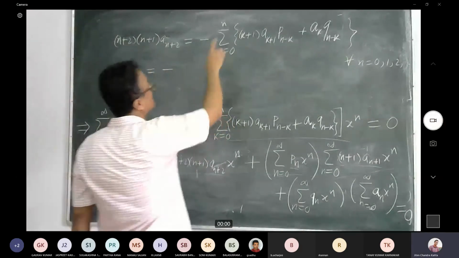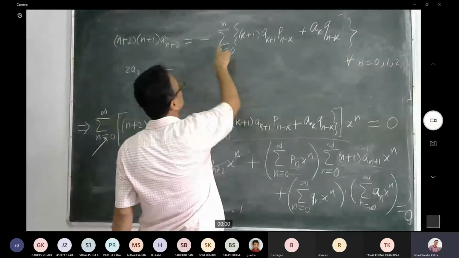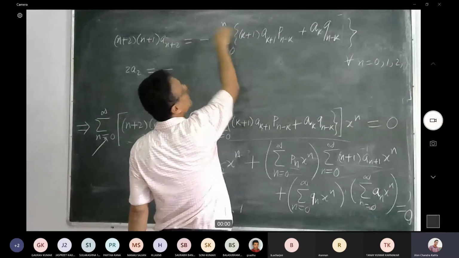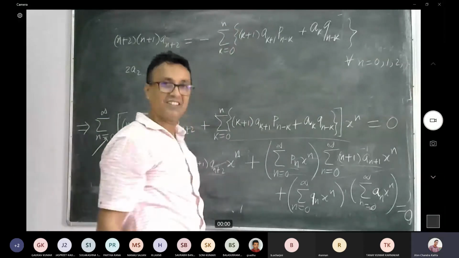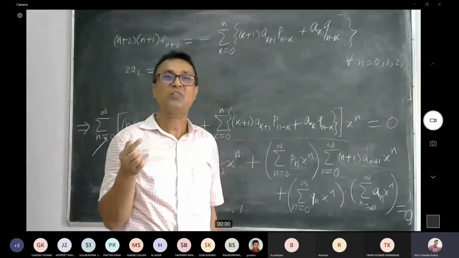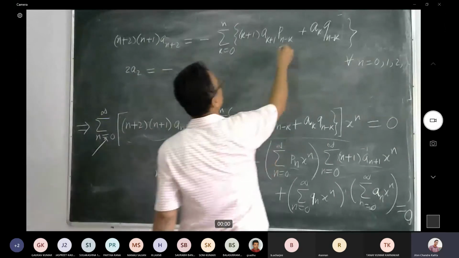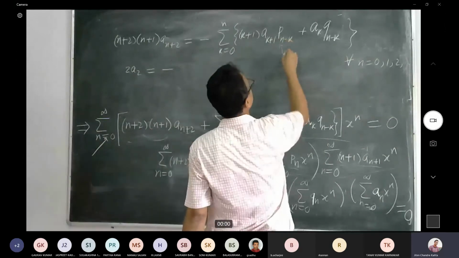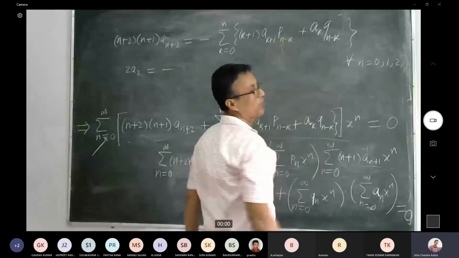Basically here it is going to go from k equal to 0 to 0, that means I have only one term. Here n is going to be 0, k is also going to be 0.